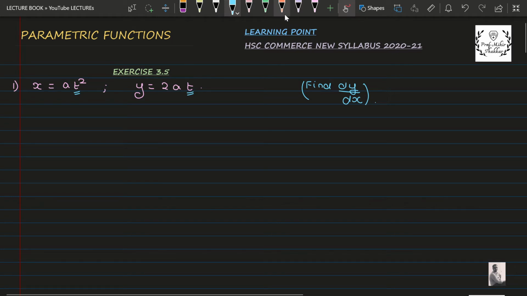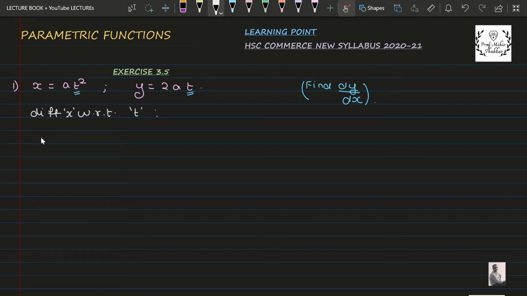Let us continue with this sum, guys. It says differentiate with respect to t. In fact, we should say differentiate x with respect to t first.